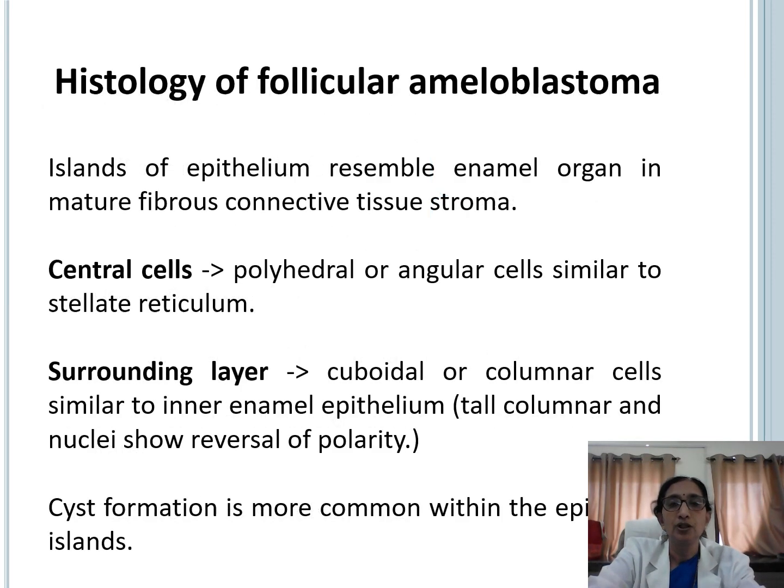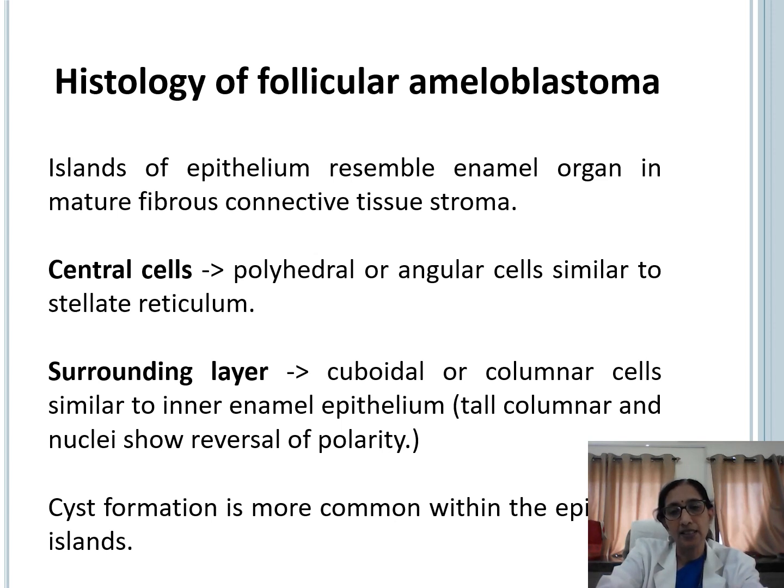Now histology of follicular ameloblastoma. It shows islands of epithelium which resemble enamel organ, and the connective tissue stroma is mature. These islands are lined by tall columnar or cuboidal cells which resemble the inner enamel epithelium.